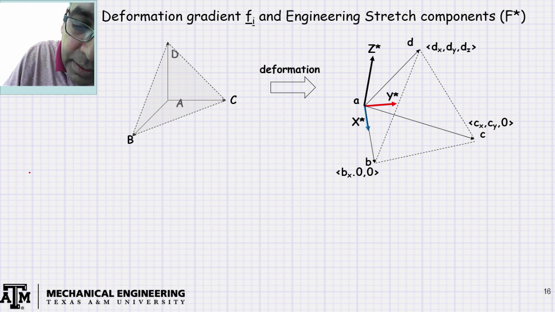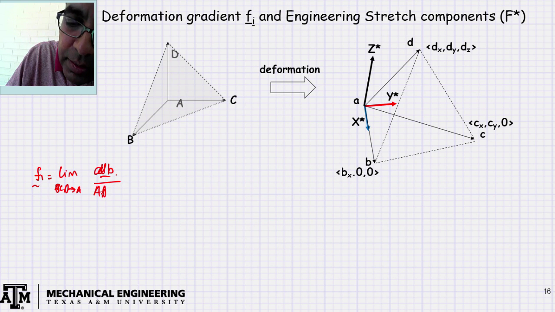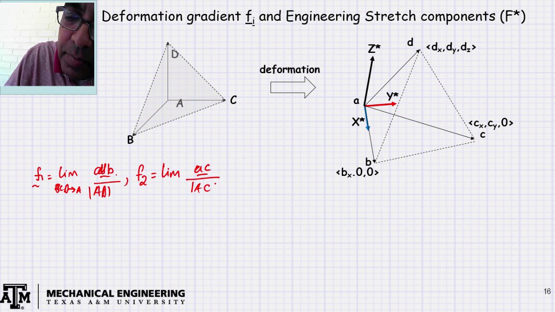We define the vector f1 equals the limit, as B, C, D go to A, of the vector AB divided by the length of AB. f2 equals the same limit of the vector AC divided by the length of AC, and then f3 equals the limit of the vector AD divided by the length of AD.